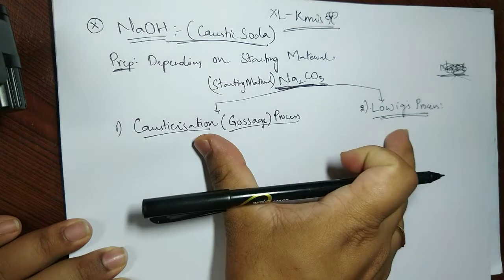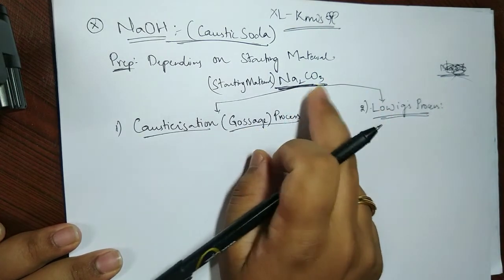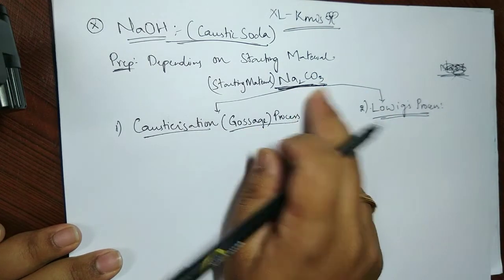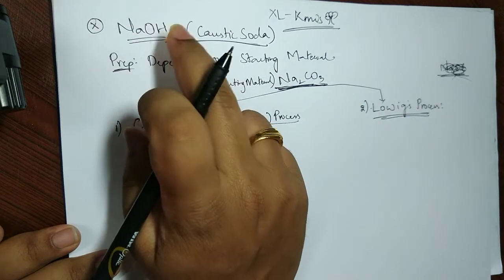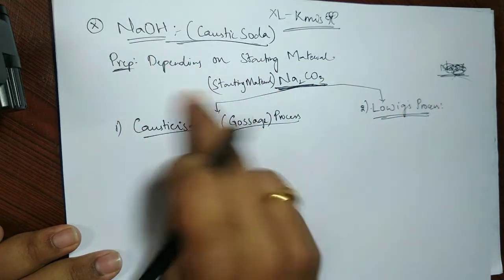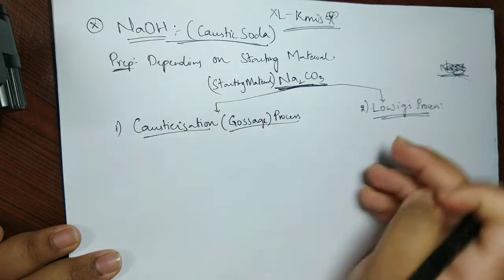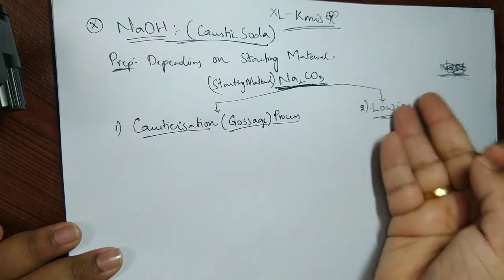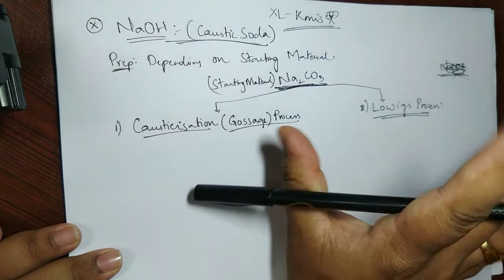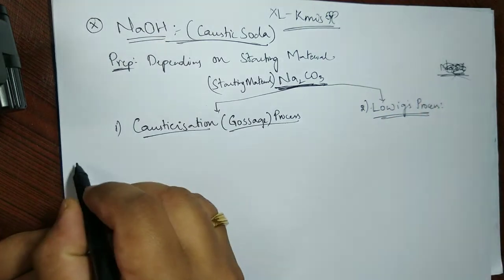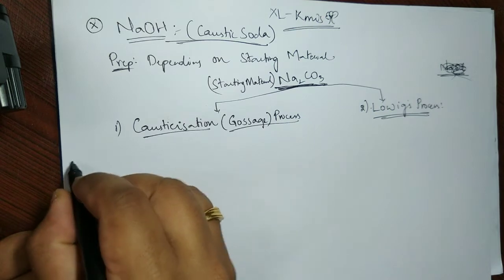In both processes, the starting material is sodium carbonate. From sodium carbonate, how do you prepare NaOH? In the Gaussage process, we use calcium hydroxide. In Lewis, we use ferric oxide. That's the only difference. Let me write the reaction straight away.